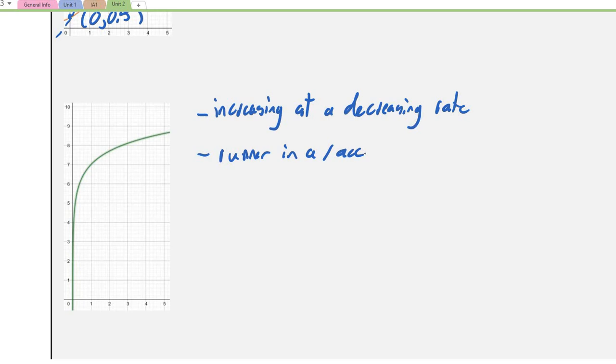I'm actually not going to bother finding the average rate of change on this one because there's no nice numbers to use and I'm slack. So we can see though that if we use this one here, and that one there, can you see that that's not a very good approximation?